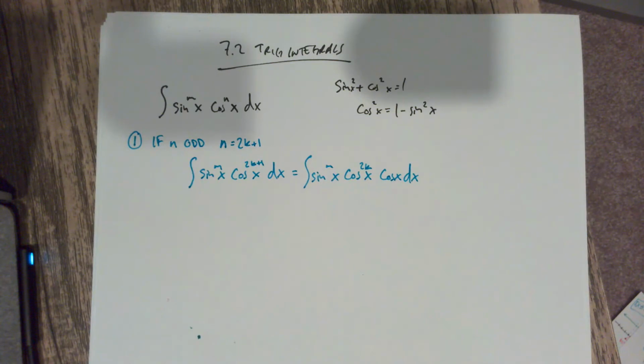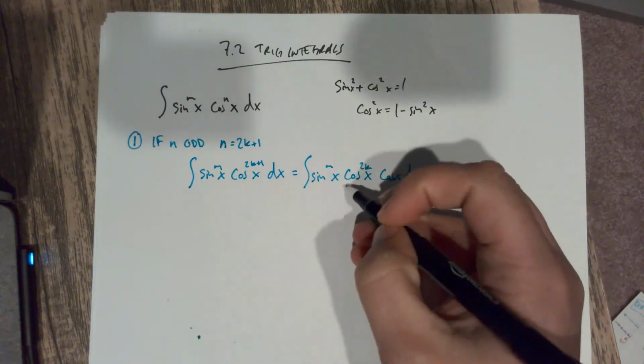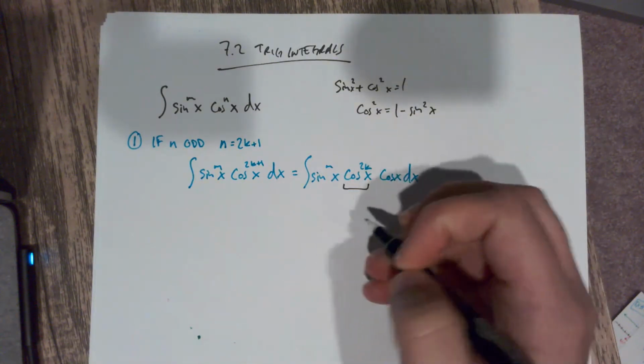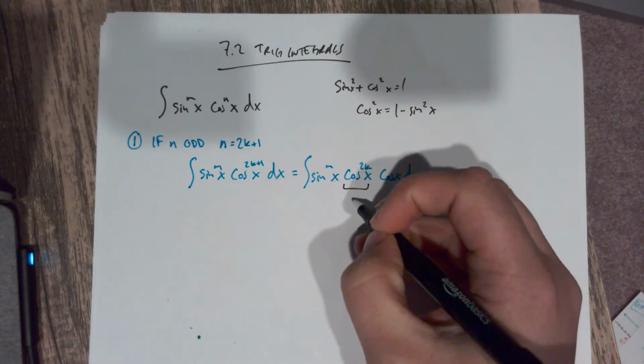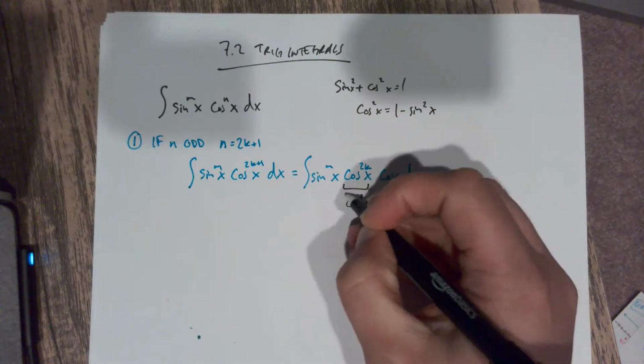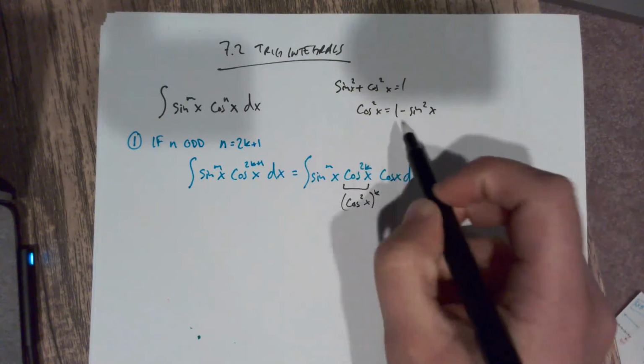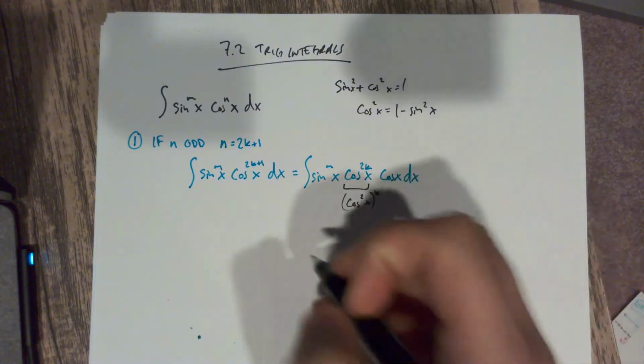We want to be able to rewrite things in that fashion. So with my cosine to the 2k, that's also known as cosine squared to the k, I'm going to replace the cosine squared with 1 minus sine squared.